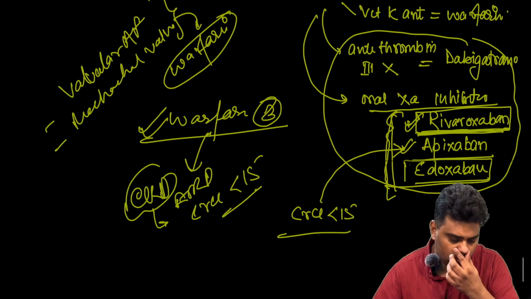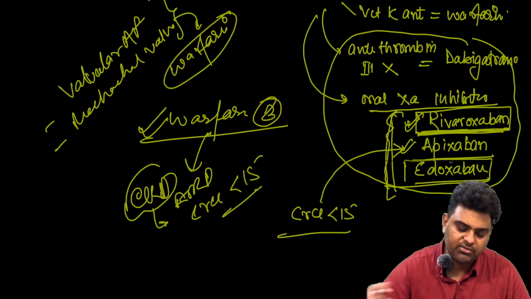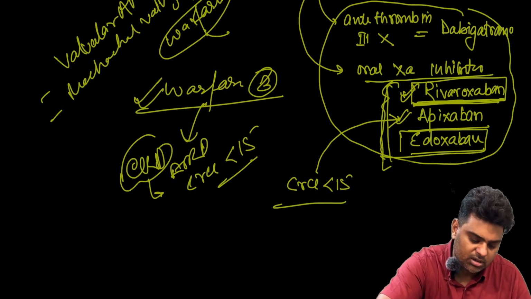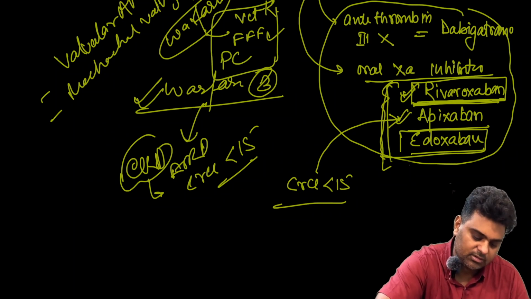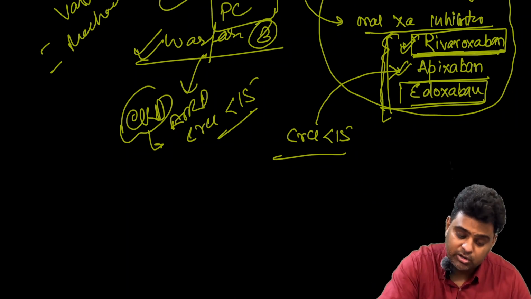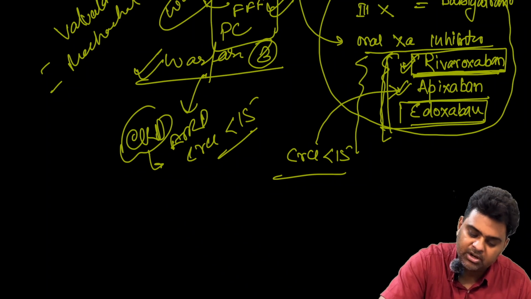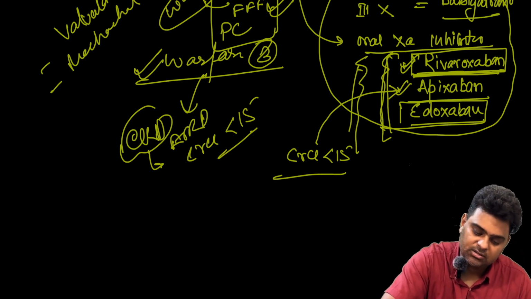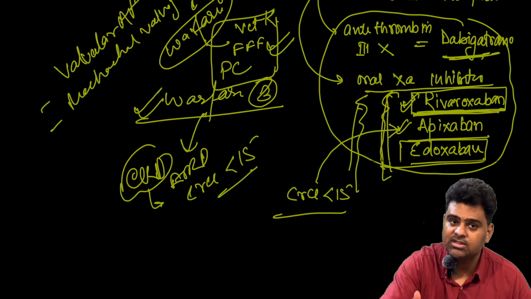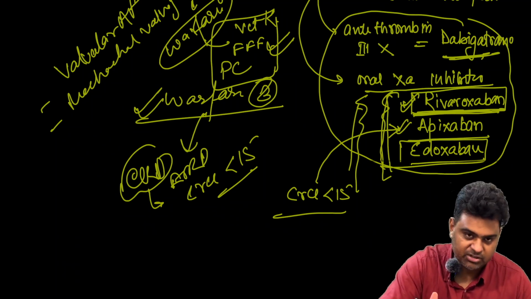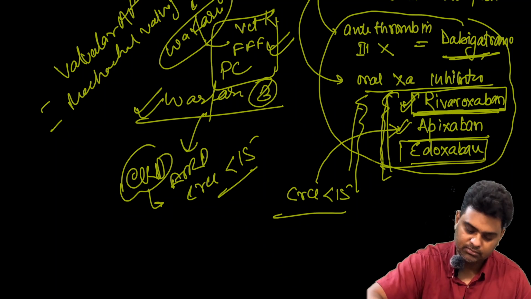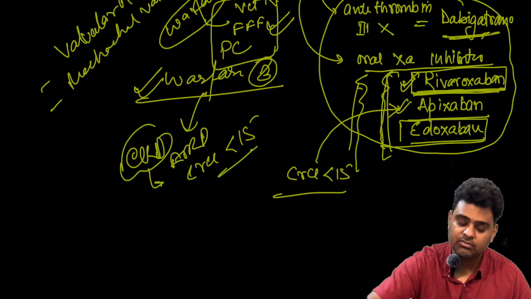Now, how to reverse the effect of warfarin? The warfarin effect you can reverse with the help of vitamin K, FFP or prothrombin concentrate. Now also, initially there was no reversal drug for these newer anticoagulants, but as the news of bleeding because of these drugs started coming, reversal drugs which can reverse their effect have also been found.